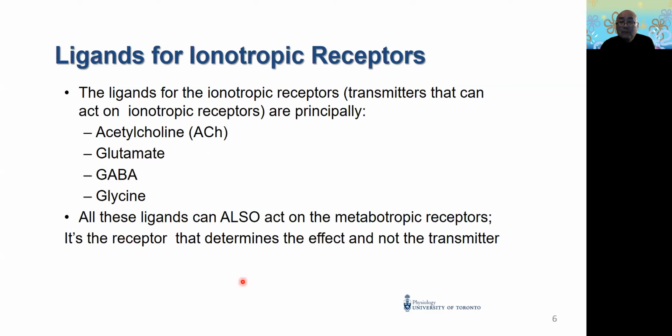Just keep in mind, though, that these same substances, acetylcholine, glutamate, GABA, as well as glycine in some instances, can also bind to metabotropic receptors and cause them to become activated as well, and they may have completely different effects. So this is what it means when we say that it's the receptor that determines what happens to a cell, not necessarily the neurotransmitter. Just because glutamate got released, it doesn't mean it's always going to cause excitation.